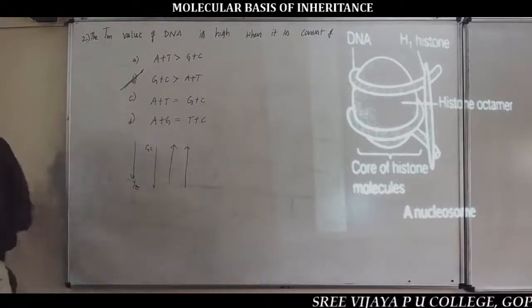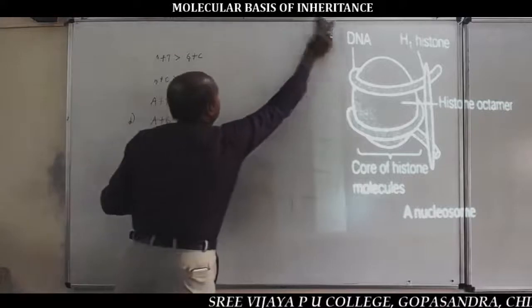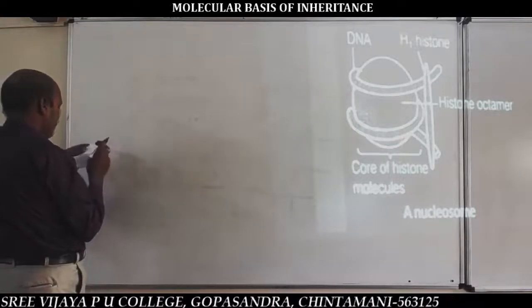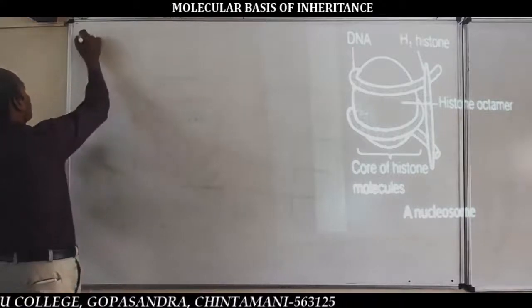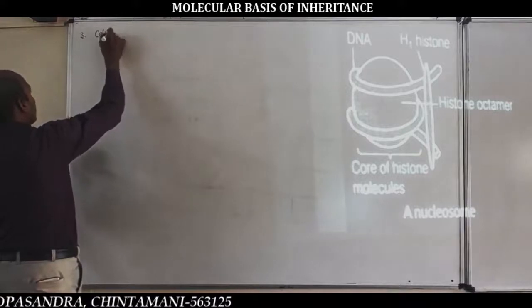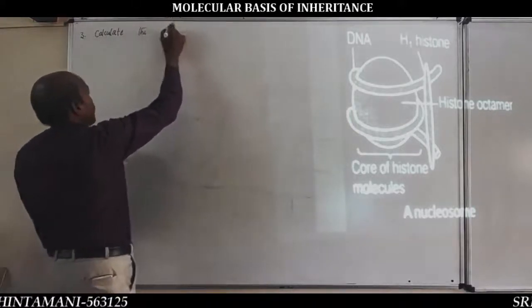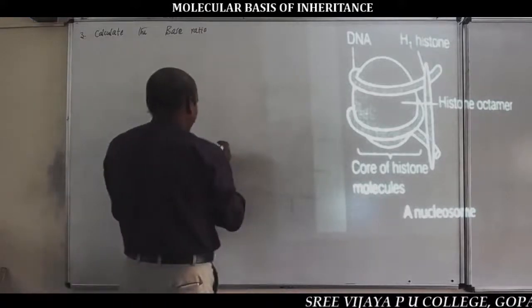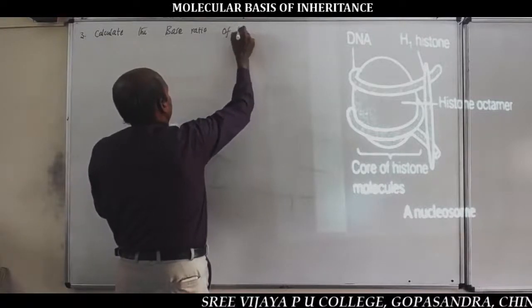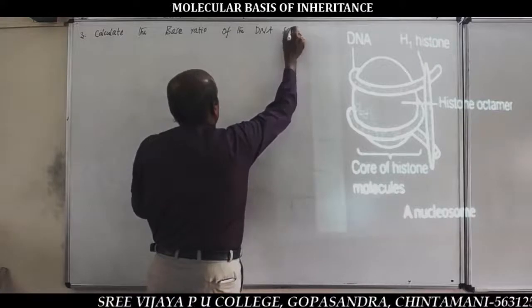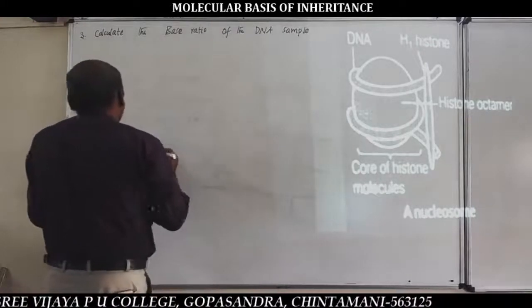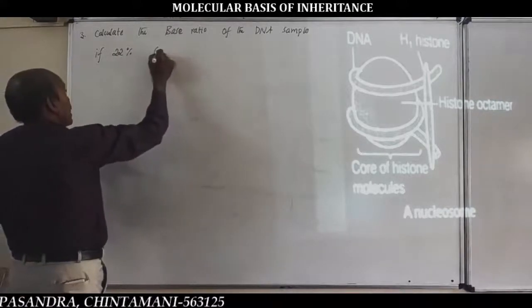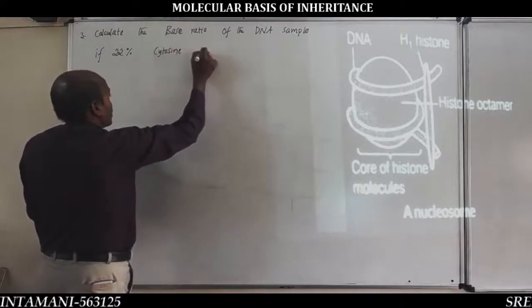And next, one more simple question: when double stranded DNA, calculate the base ratio of the DNA sample if 22% cytosine was found.